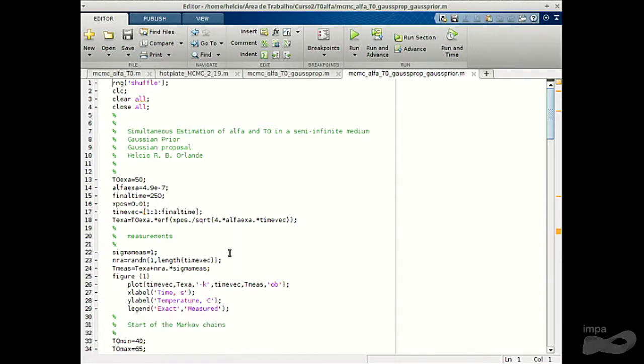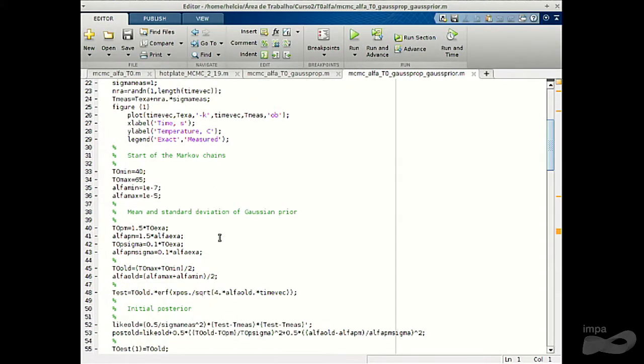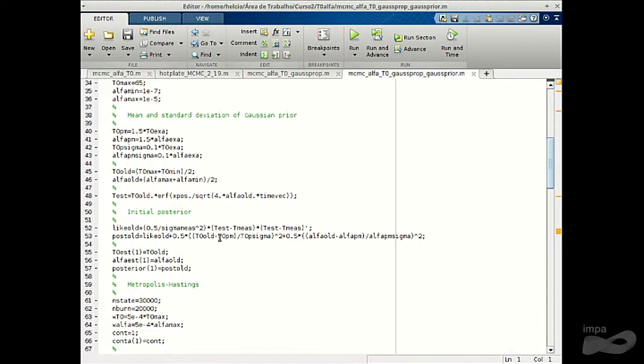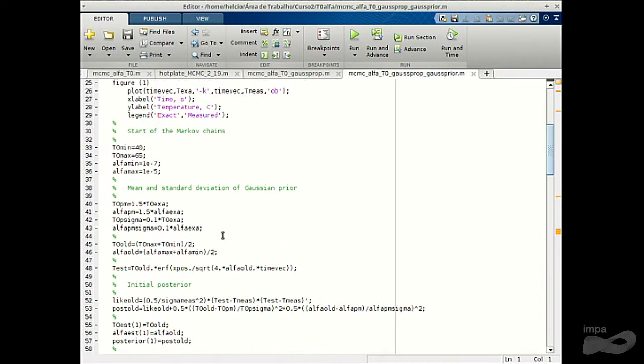Actually it's a truncated Gaussian. I still have here the minimum and the maximum values of each parameter, but inside these intervals the prior is Gaussian.